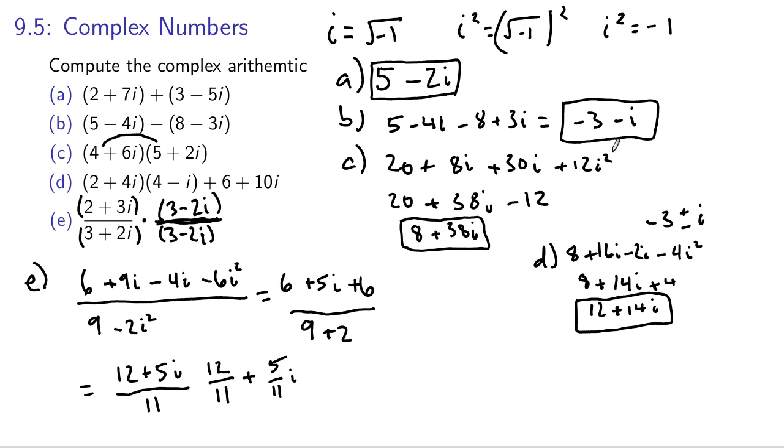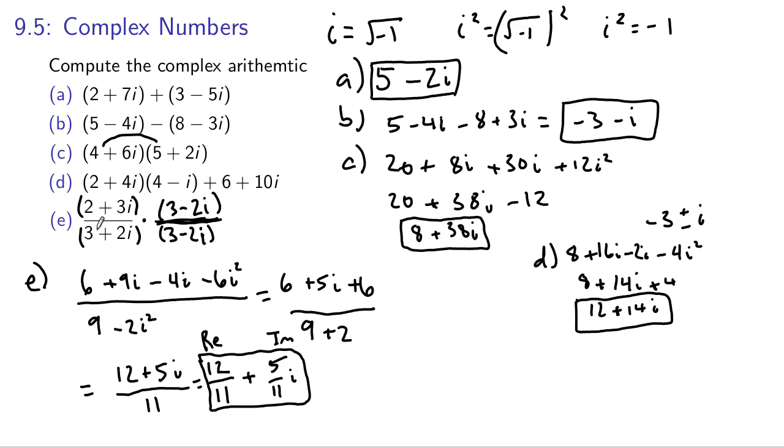Now why did I break the fraction up? Because we need it in standard form, and the standard form was real part plus imaginary part. Okay, so this is not standard form, but this is. Be sure you always put your answers in standard form. So the whole point of multiplying by the conjugate divided by itself is to get the denominator, the thing on the bottom, to be a real number.